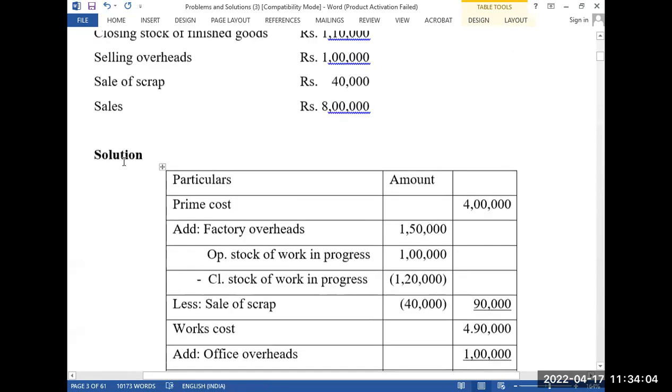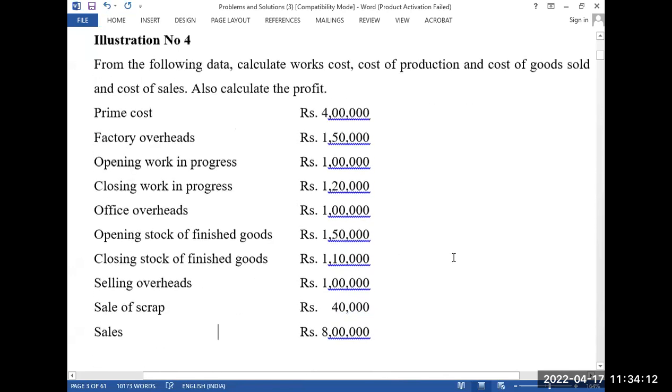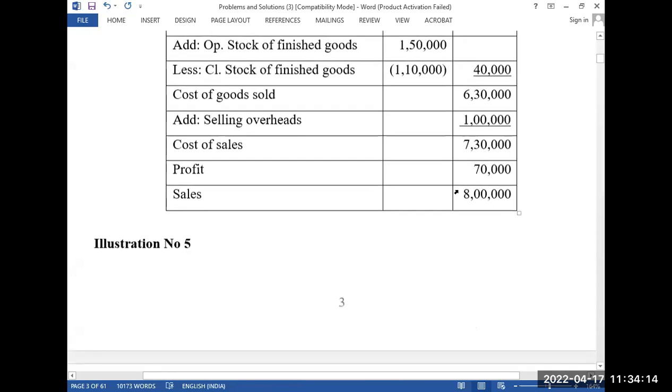In the question, they are telling the sales is going to be 8 lakhs. They are planning to sell the total number of units for 8 lakhs. So if 8 lakh is the sales and cost of sales is 7,30,000, my profit should be 70,000.